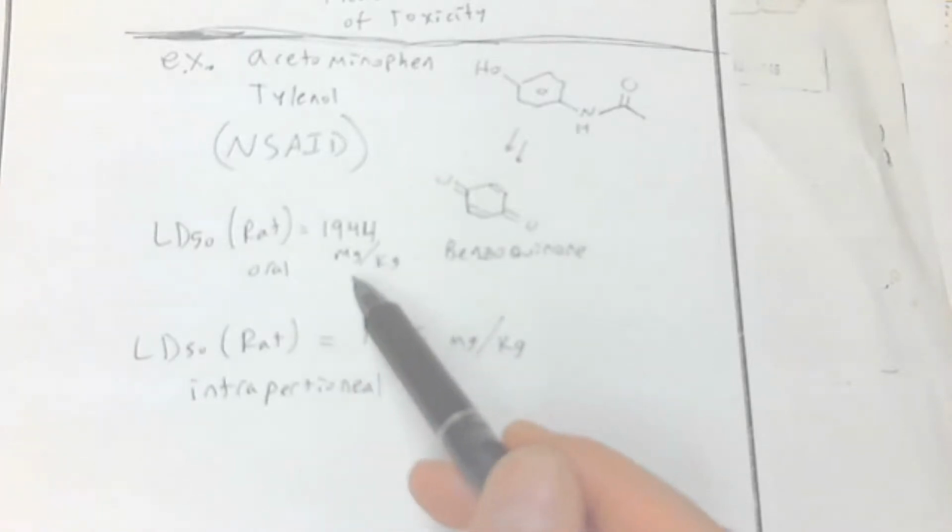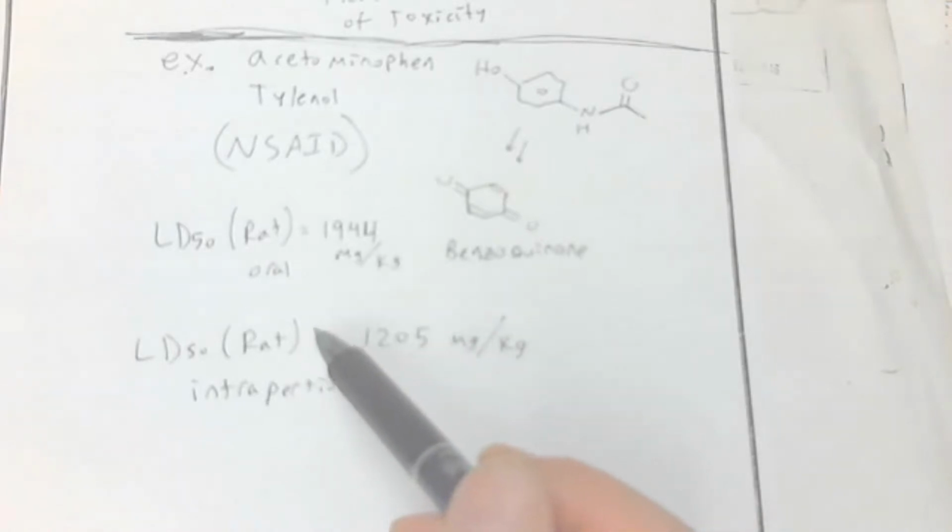But when we develop drugs for humans, we try to make orally available drugs. Anyway, intraperitoneal is another type of absorption, and of course the lethal or toxic dose will always be lower.